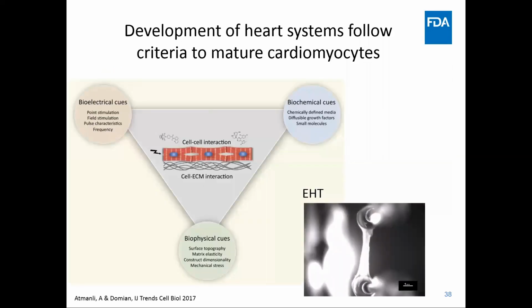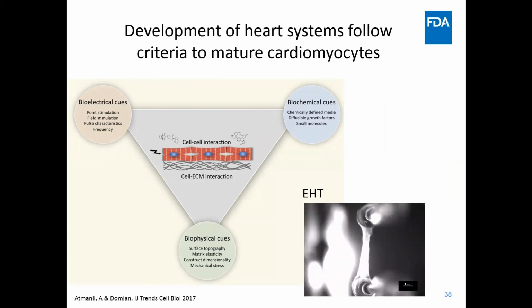So to take advantage of the potential of these cells, different folks in the field have been developing engineered cellular systems where they recreate the microenvironment of the heart with biochemical cues, with biophysical cues, and with bioelectrical cues. The engineered heart tissue that I'm showing in this video is a good example of this effort.